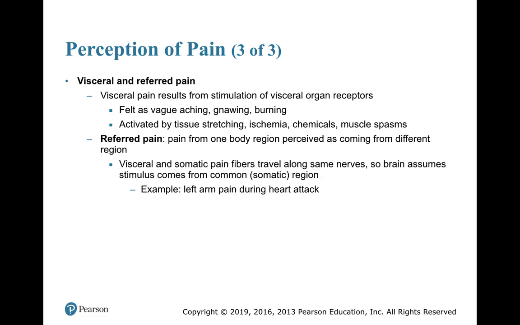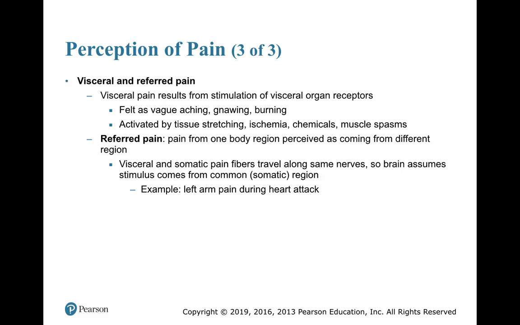It turns out that the visceral and somatic pain fibers travel along the same nerves. And when I say nerve here, I don't mean an axon, I mean a nerve organ, so that the brain assumes that stimulus is coming from that somatic region, that common region. So for that reason, when there is pain in your heart, it is interpreted by many to be coming from the left arm.